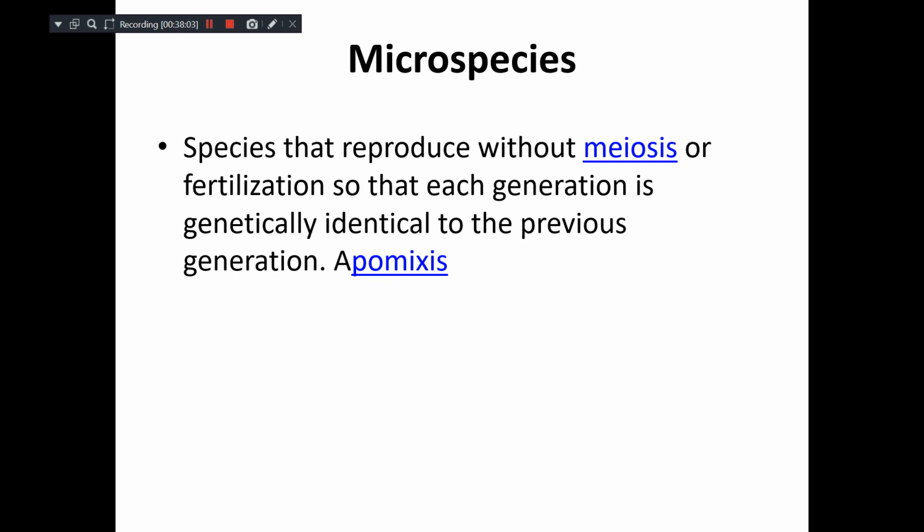By means of amitosis, if they are able to reproduce, such individuals are known as microspecies. Because the earlier definitions, what we have discussed, hold good only for sexual reproduction, but not for these organisms which reproduce without meiosis.